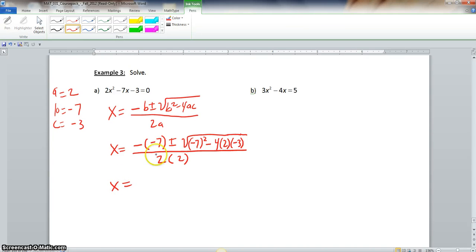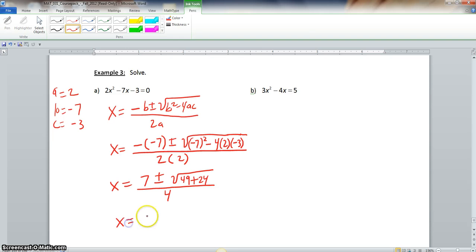So we have x is equal to, the opposite of -7 is 7, plus or minus the square root of -7 squared is 49. And then we will have a -4 times 2, which is -8, times a -3, which will give us +24. And that is all divided by 4.